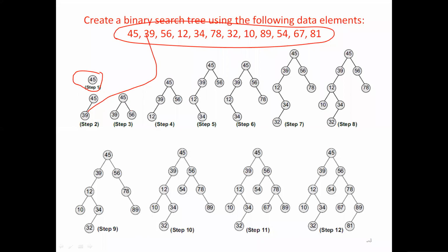Then 56, because it is greater than the root node. Always note that the root node remains the same. Whenever you insert into the binary search tree, the root node or the parent node remains the same. When you are deleting an element from the binary search tree, we have to change the parent node. That will come later. For creating a binary tree, no problem.